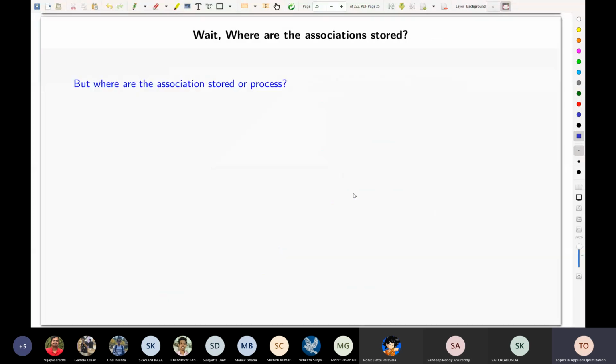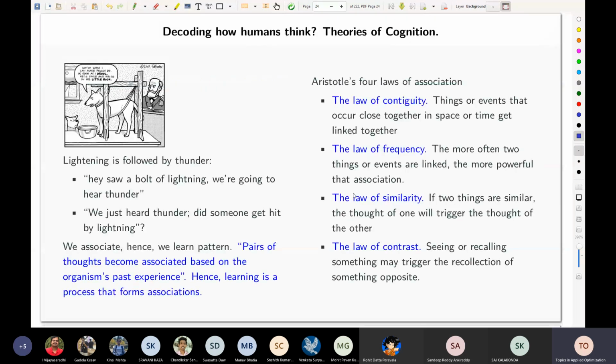So now the question is, where are these associations stored? In the previous slide we saw that we learn because of associations, and how associations are formed, let us say because of Aristotle's four laws of association: law of contiguity, frequency, similarity, contrast. So we learn because of the associations we make.